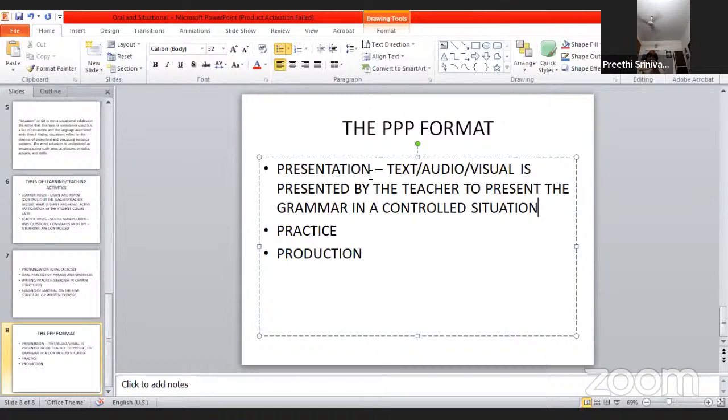let's imagine the teacher using a small video to teach the use of how much and how many. So you have a video of a grocery shop, and then you have mangoes, apples, bananas, and you have rice, sugar.